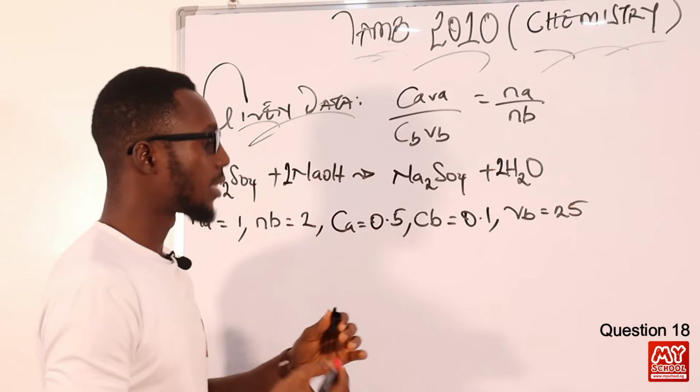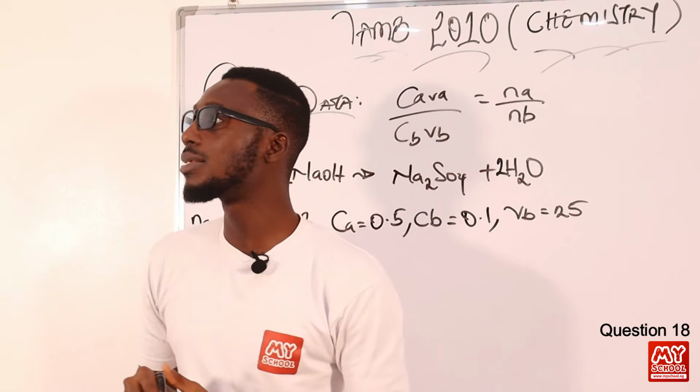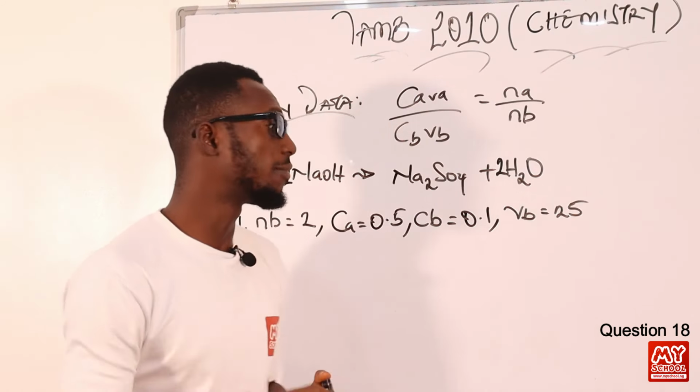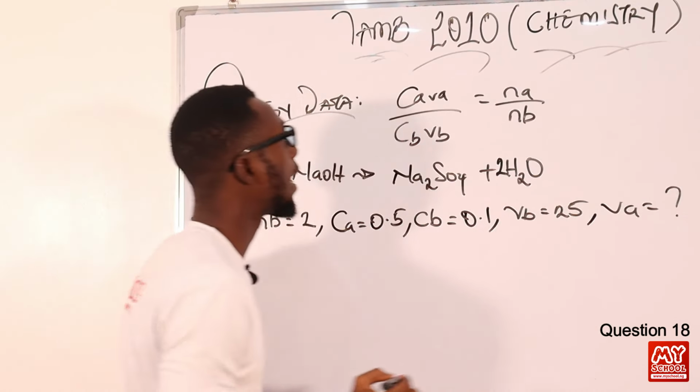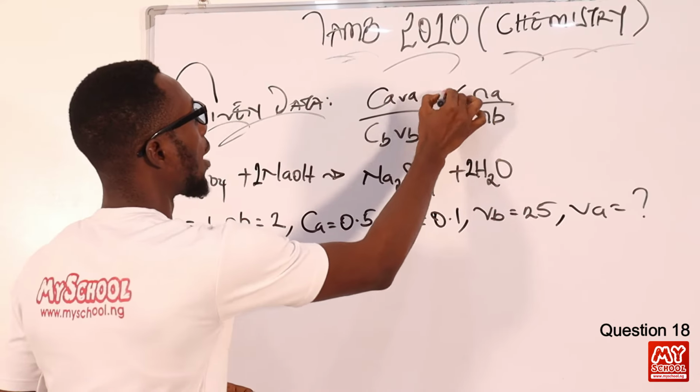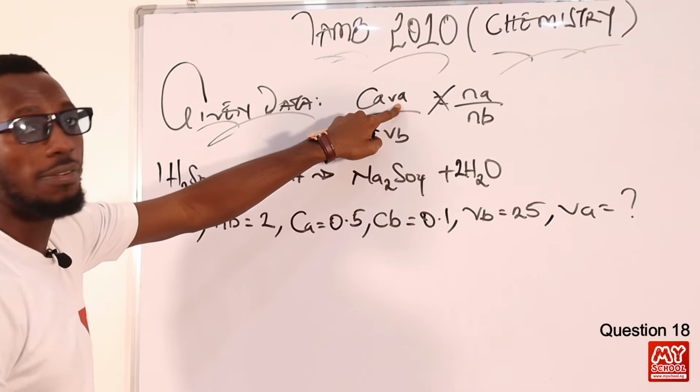So let me slot this in. What we have to find is the volume of the acid, VA, that is unknown. If I'm asked to find VA, what can I do? I'll just make VA the subject of the formula.